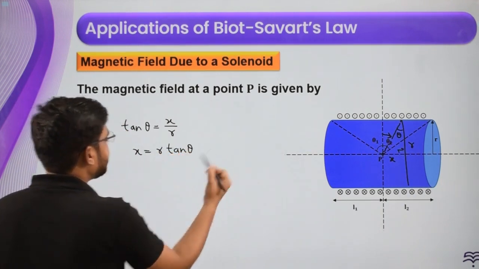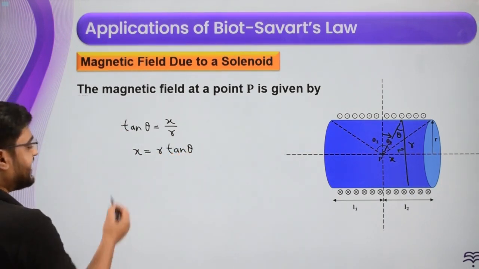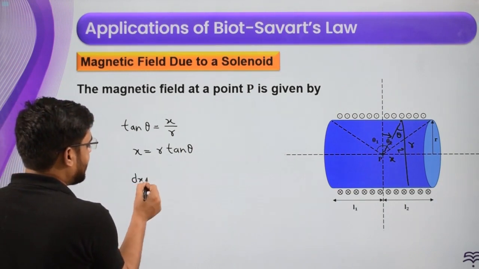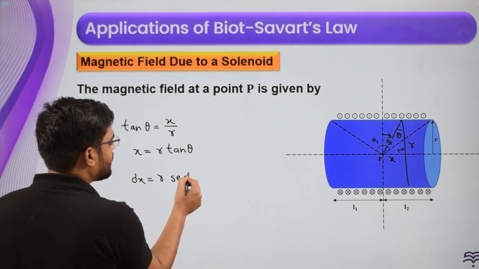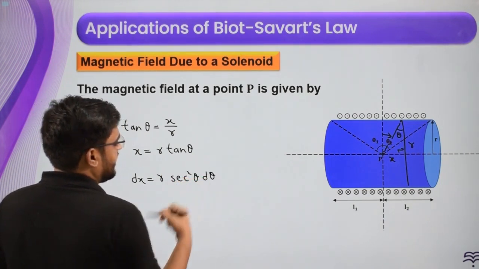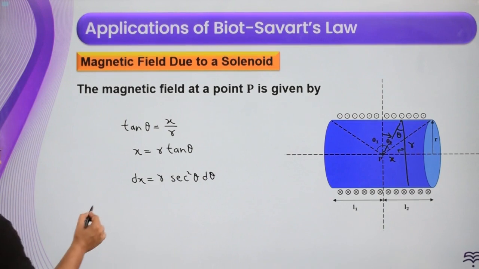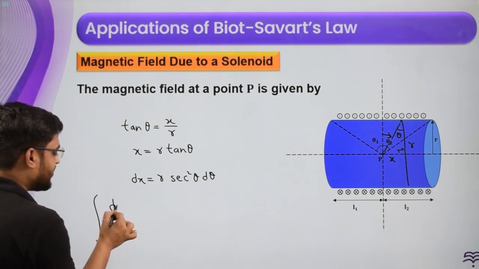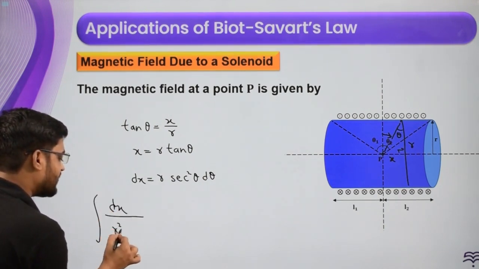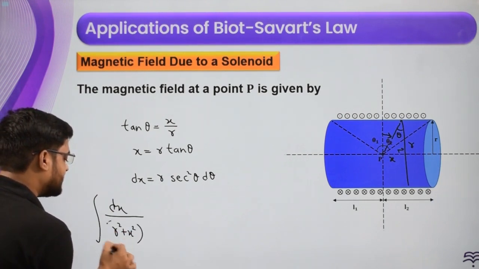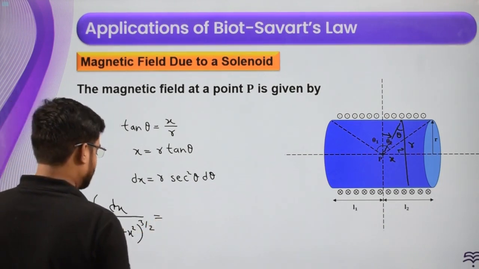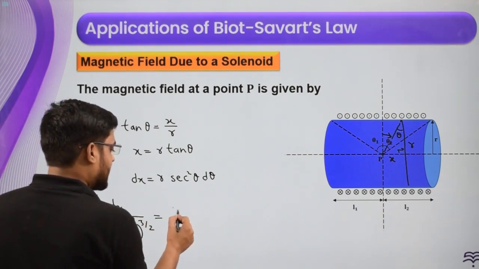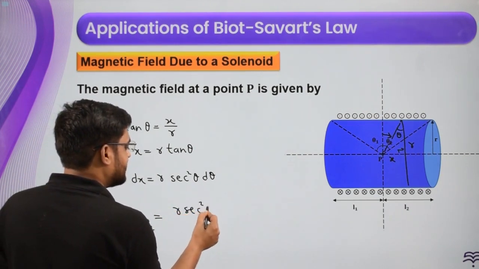Just differentiate this expression, so we get something for dx also. The differentiation of x is dx, r is a constant, and the differentiation of tan theta is sec square theta d theta. Now substitute that in our expression. Our expression was the integration of dx over r square plus x square raised to power 3 by 2. I'm removing those constants. So dx is r sec square theta d theta.